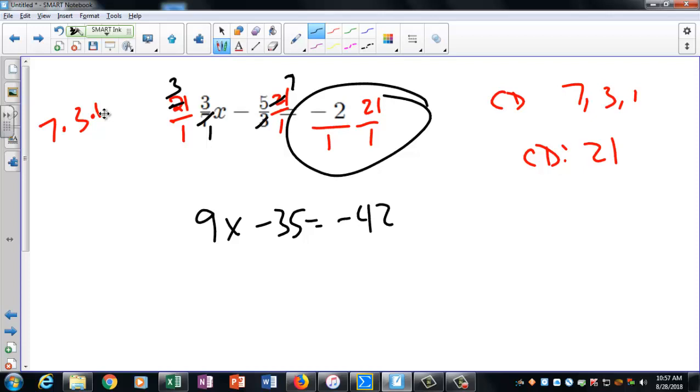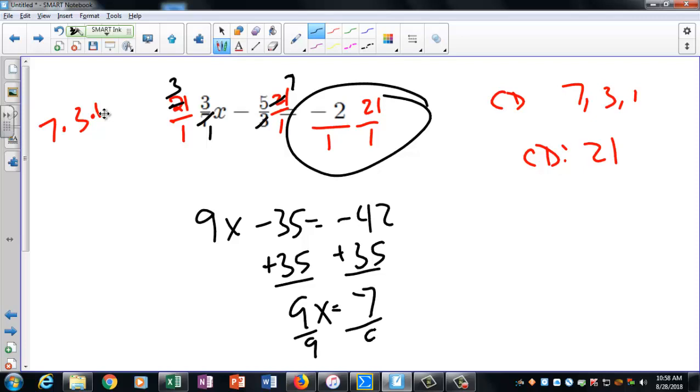That becomes -42. A lot of people will forget that's -42. From there, you add 35. You add 35. 9x equals -7. Divide by 9, divide by 9. x equals -7 ninths.